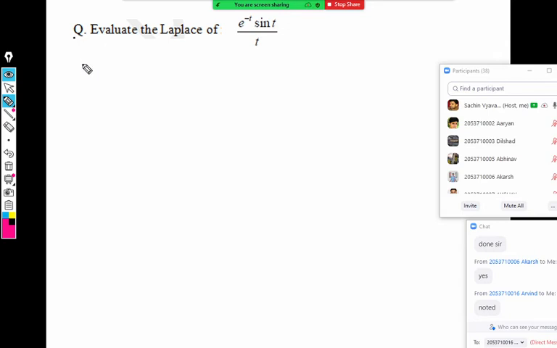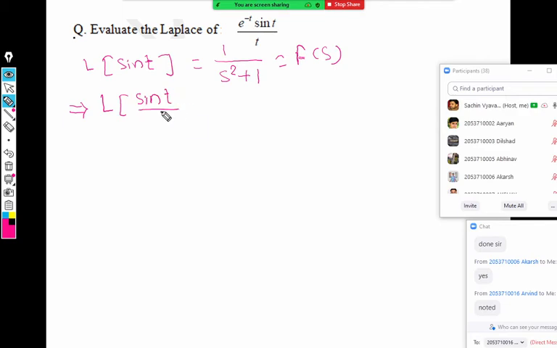First, Laplace of sin t. What's the Laplace of sin t? 1 upon s square plus 1. Correct. That is f(s). Now next, Laplace of sin t upon t. We are using the division by t property now.